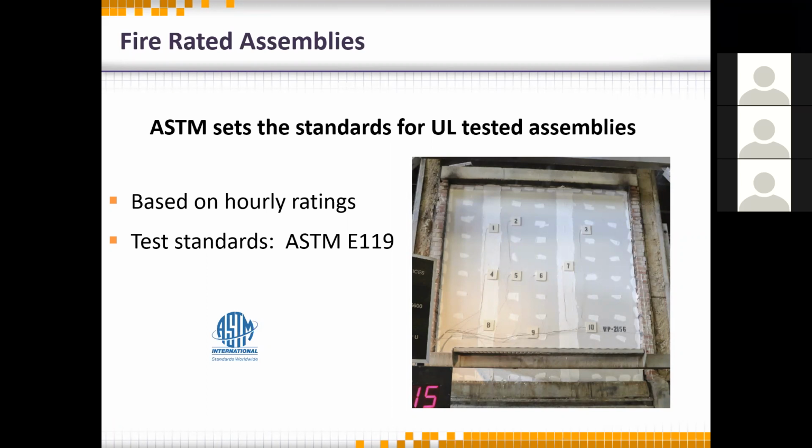What you're seeing here on the right side is an actual vertical wall partition installed and getting ready for the test. If you will notice, the seams have been addressed with taping compound and tape, and the fastener heads have been addressed as well. So that board is ready to go. In addition, you will see the little squares with numbers on them.